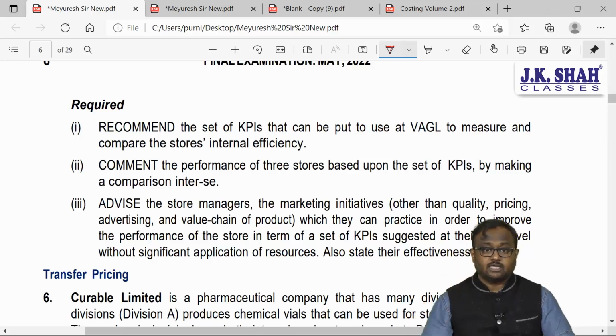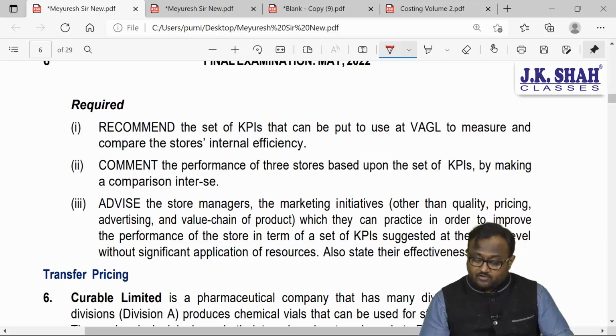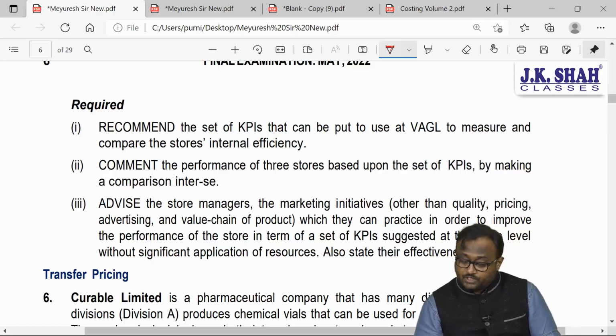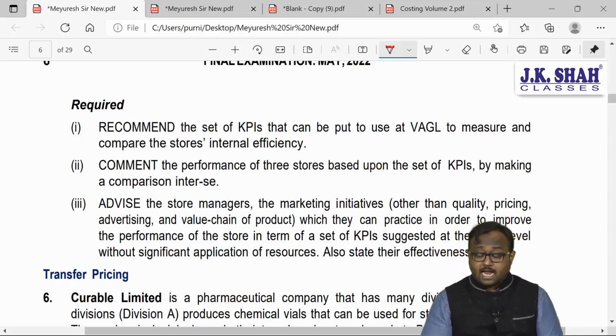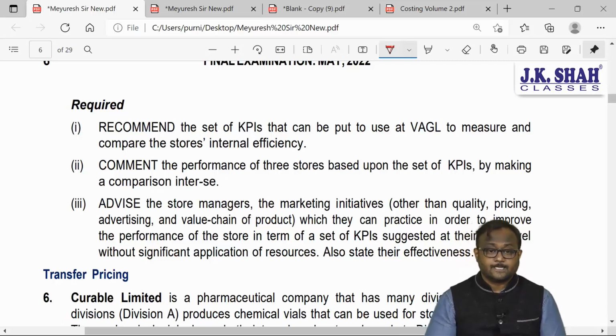Then compare the performance of the 3 stores and advise the store managers on the marketing initiatives which they can practice in order to improve the performance of the store in terms of the set of KPIs suggested, at their own level without significant application of resources. Also state their effectiveness.